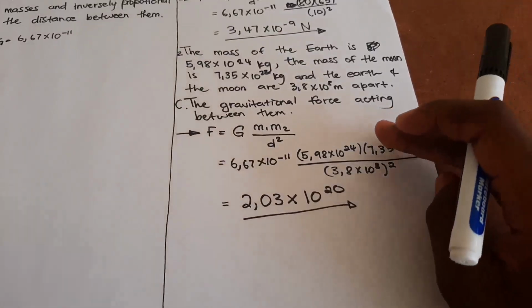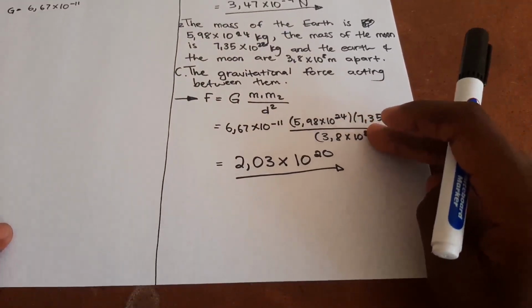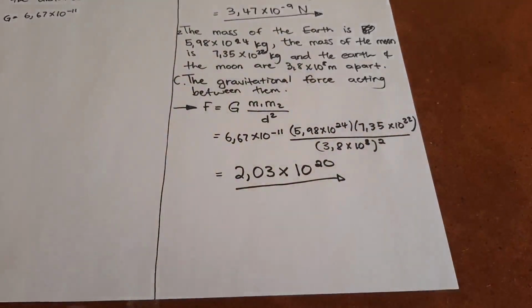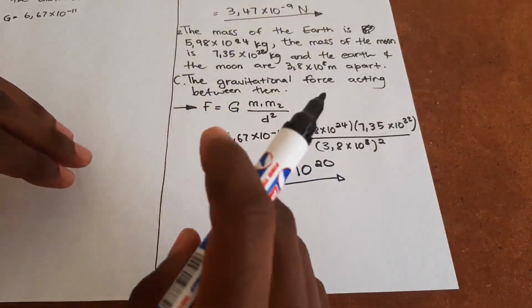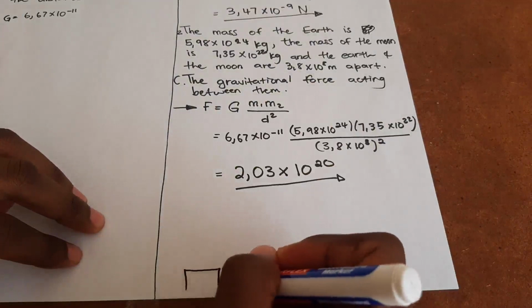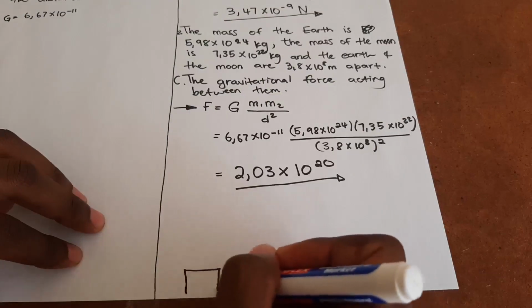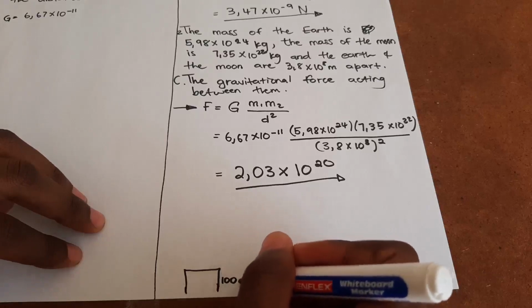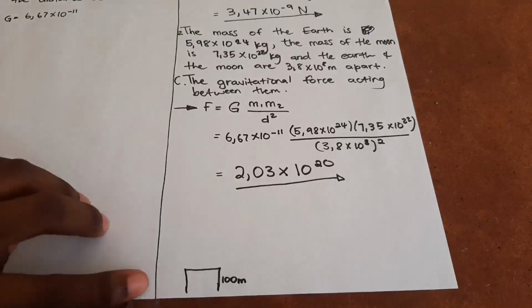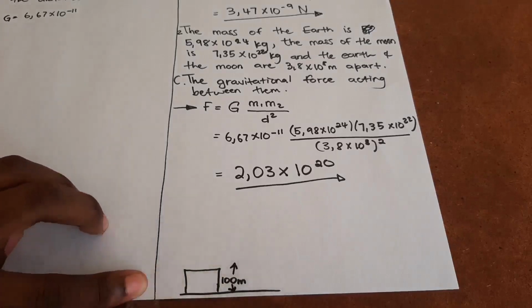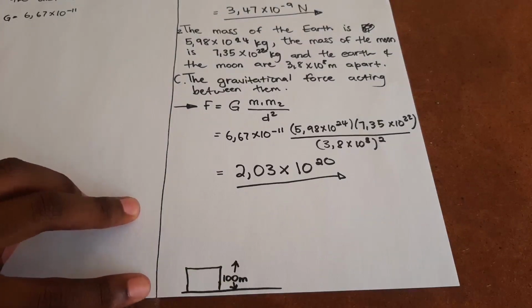Right now let me make an example of this gravitational force. Let's say we have a tall building that is 100 meters tall from the earth's surface.